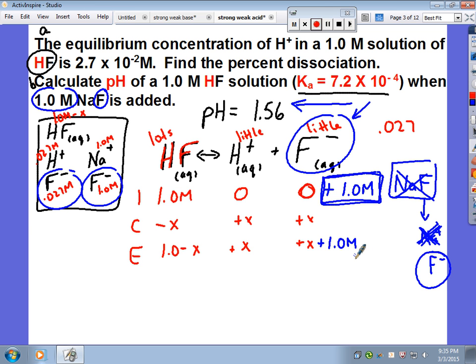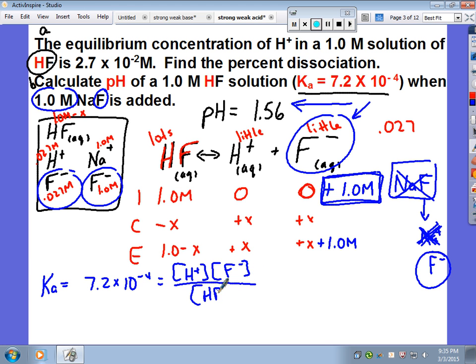Now, I'm going to go ahead and write a Ka, which is 7.2 times 10 to the minus 4th. That's equal to my H plus, and my F minus, over my HF right here. That hasn't changed. It's still my equilibrium expression. But now what's true?